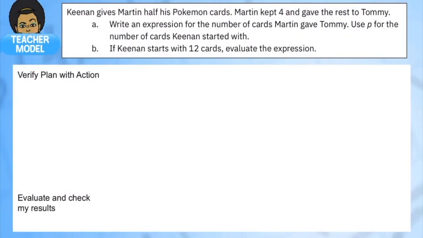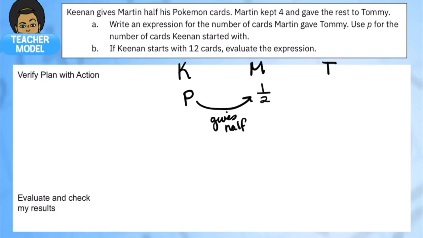All right, so just so we can see the flow chart, we have Keenan, Martin, and Tommy. We know Keenan will start with P cards, and we know he gives half to Martin. So I'm going to represent that as 1/2 P. And we know Martin gives all but 4 to Tommy.